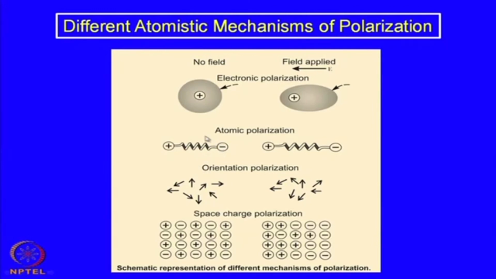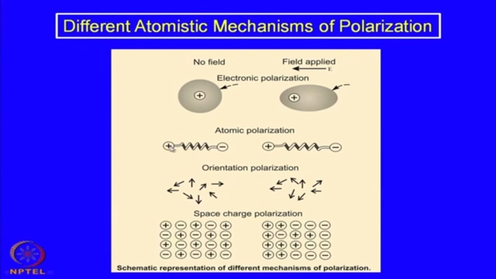If you are just considering this set of negative and positive ions, there is a polarization. However, when you are talking about the whole solid, these moments will cancel each other, because they are distributed not only in a random fashion but also in a systematic fashion, so that the overall dielectric moment or dipole moment is 0.